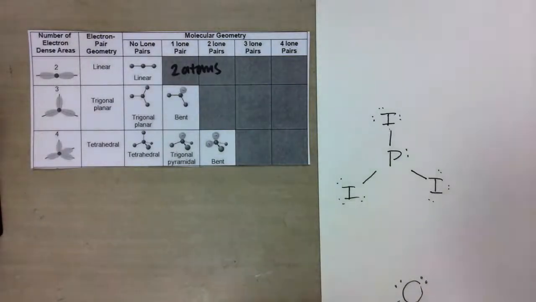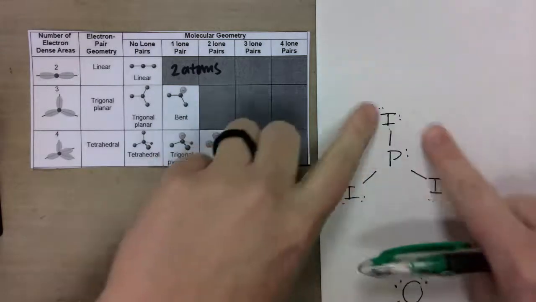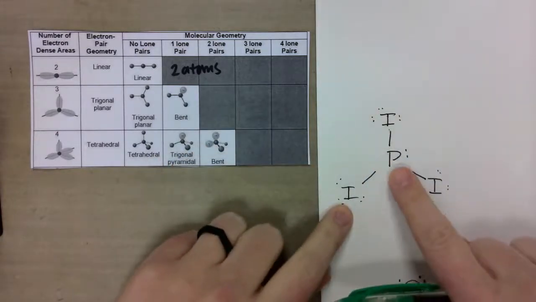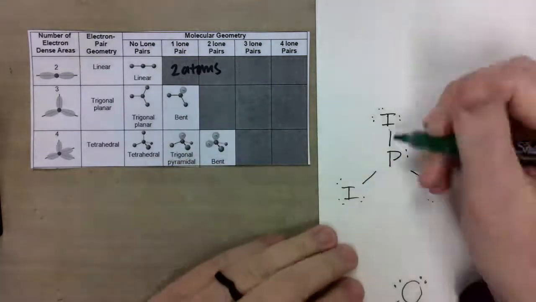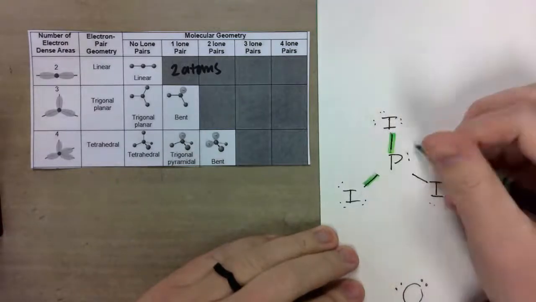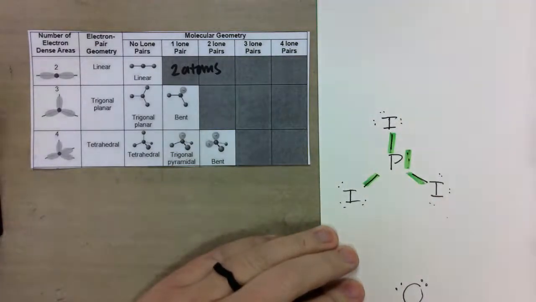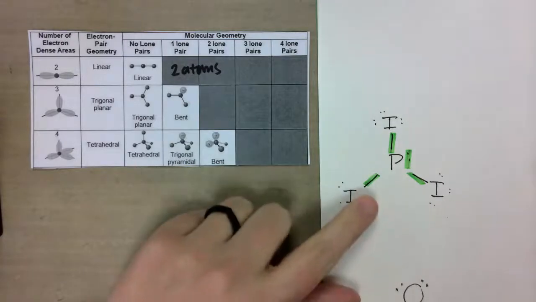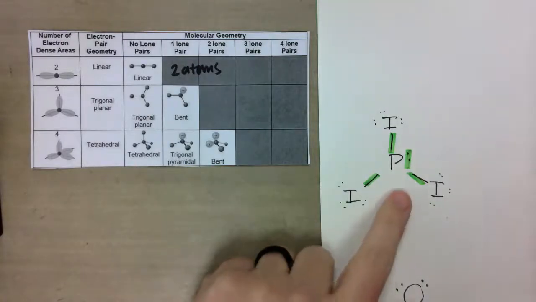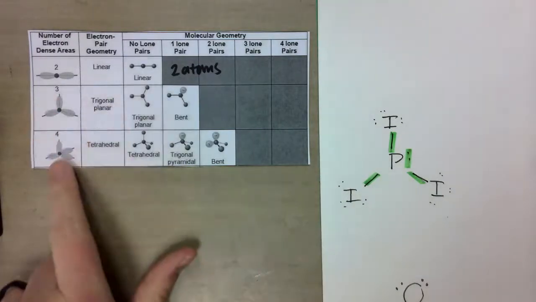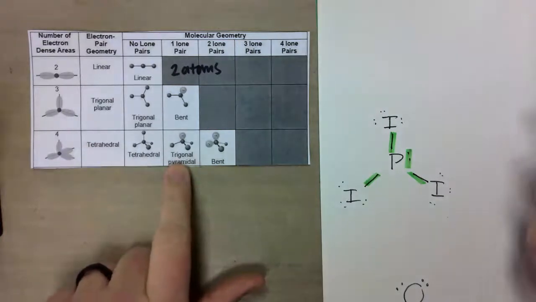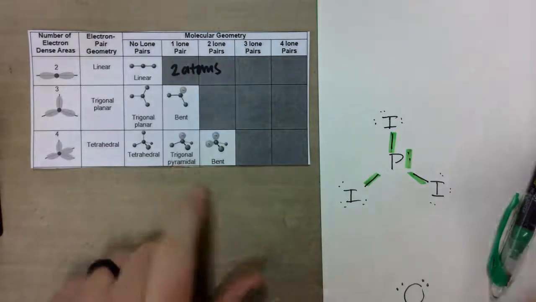So if we start here with PI3, again, I'm only paying attention to the center. I'm ignoring all this stuff out here. Highlight or mentally highlight what is attached to it. So if you look, I've got 4 things highlighted. So I have 4 electron dense areas. One of them is a lone pair. So that means that my shape is going to be trigonal pyramidal.